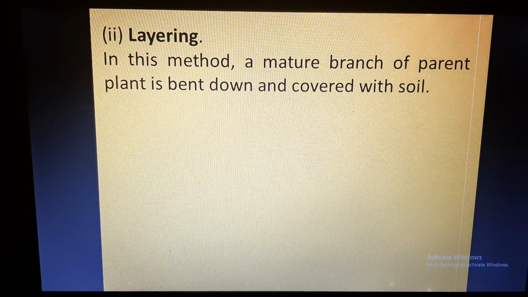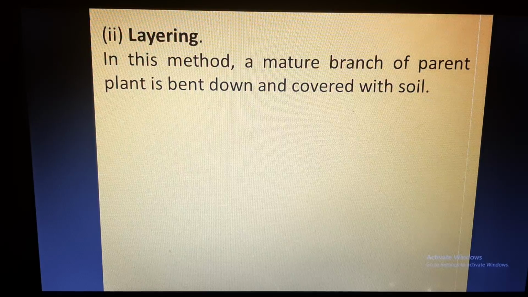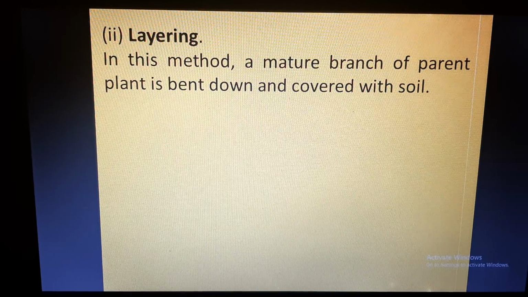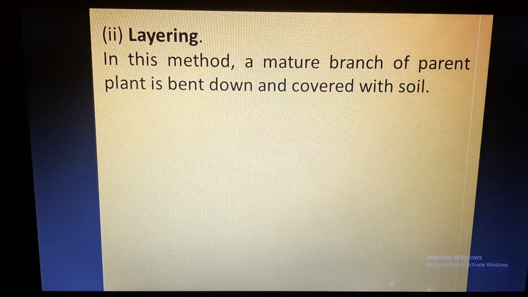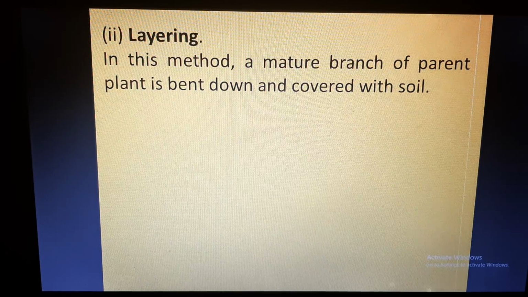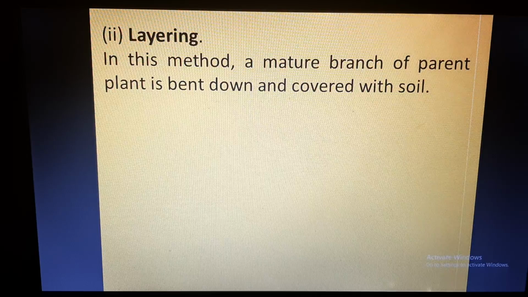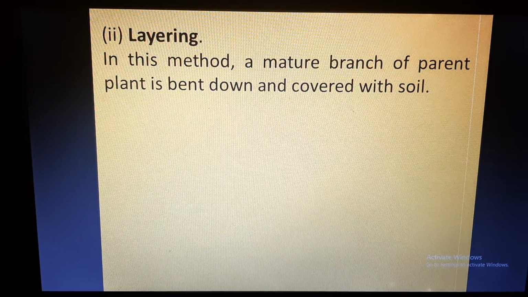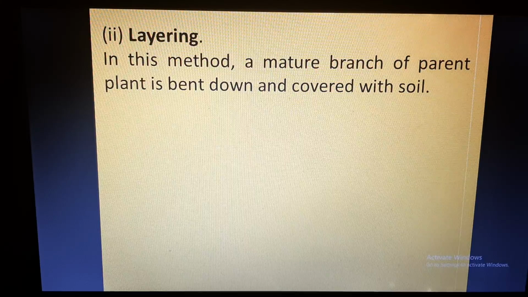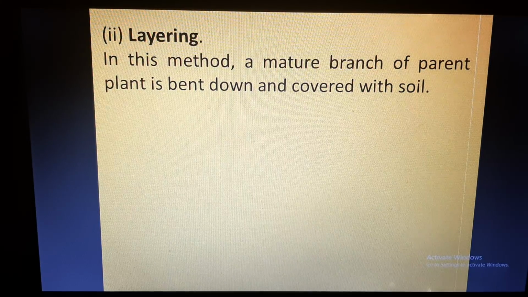The branch which is drooping downwards, we take that mature branch while it is still intact with the parent plant. The branch which is still connected to the parent plant, we bury some part of that mature branch with the soil, and keep the topmost part of that branch open in the air.